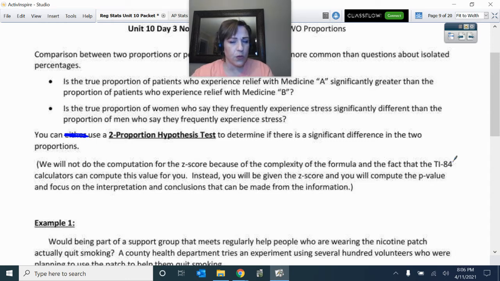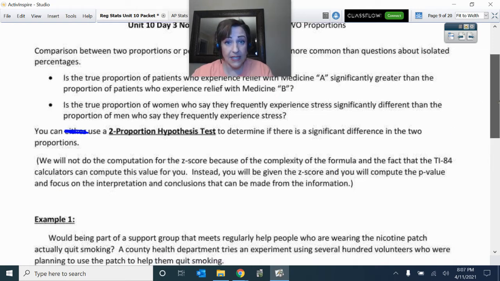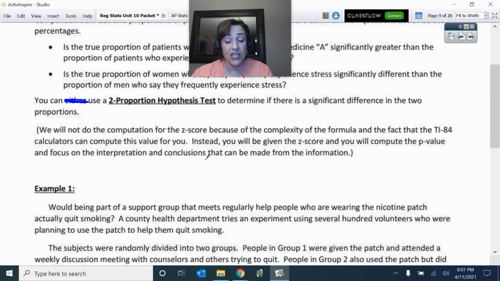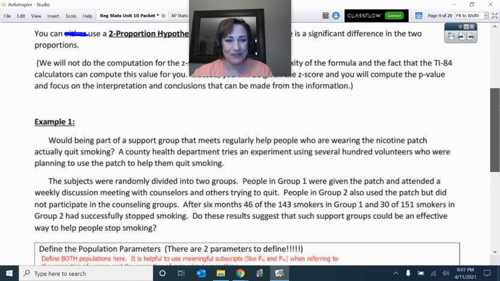Our small classroom TI-80, TI-30s, or whatever those are, the little gray ones, do not have that ability to do a two proportion z-test. So therefore, I'm going to give you the z-score, and then you're going to compute the p-value. And so then our focus of the lesson will be on the interpretation and the conclusions that you make from those results.